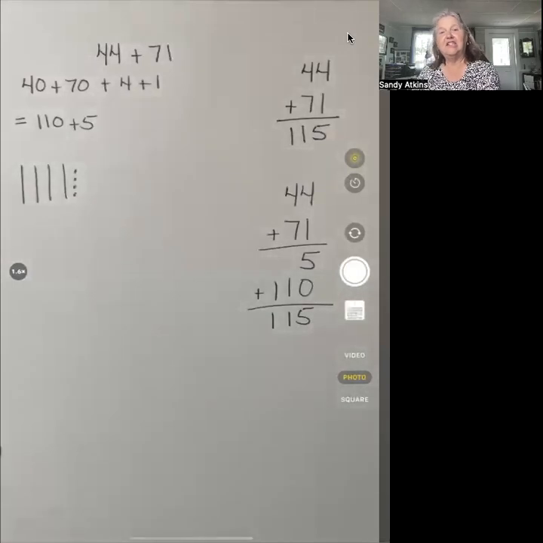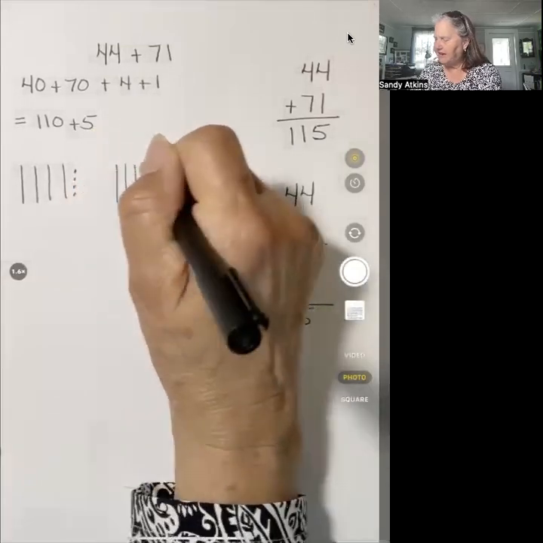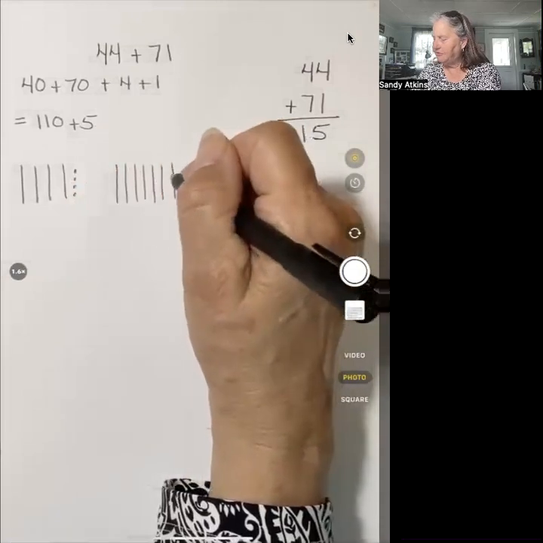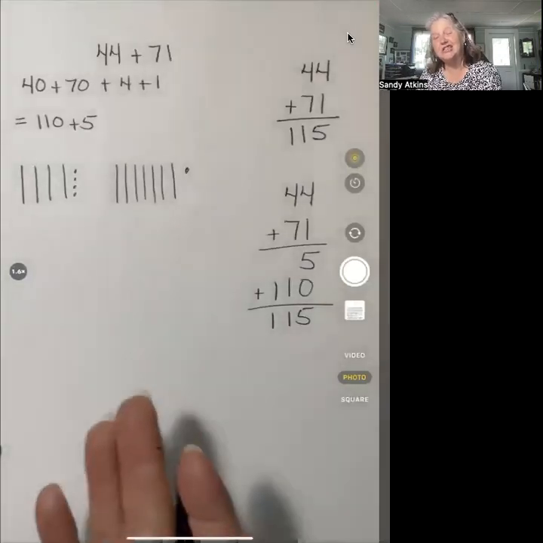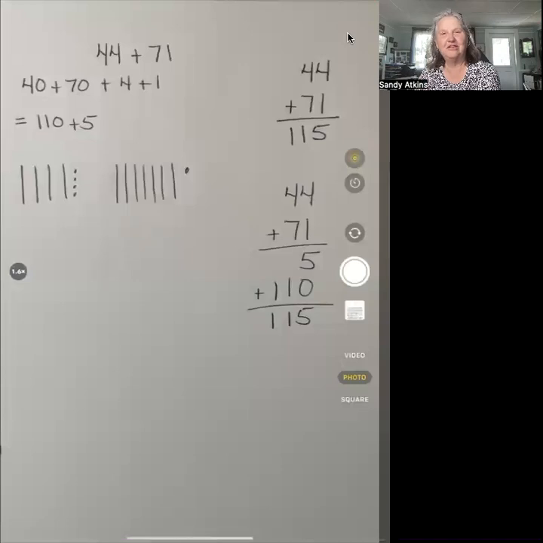Now, you may see in some of your children's classrooms, they're drawing rectangles, a tall, skinny rectangle for the tens, a square for the hundreds, and little squares for the ones. I tend to do this because I have found that when children are drawing rectangles for their model, after a while, all of the rectangles start to look the same. So I use dots for the ones, these rods for the tens, and squares for the hundreds. And then we draw a cube for the thousands.